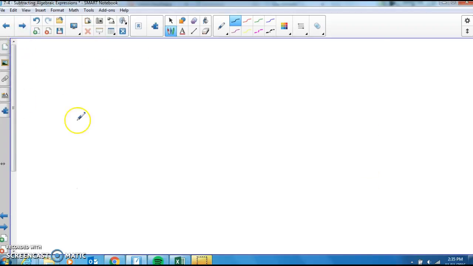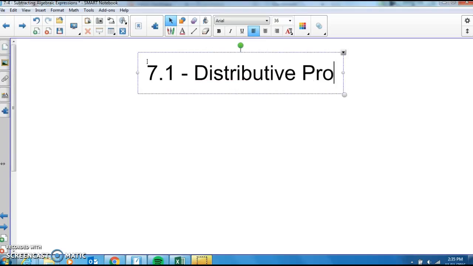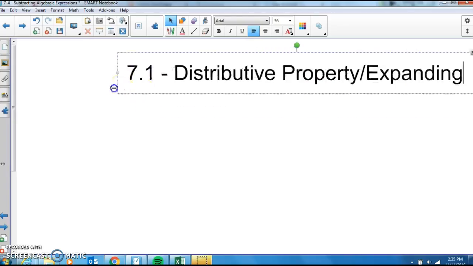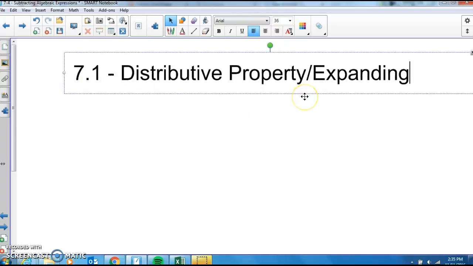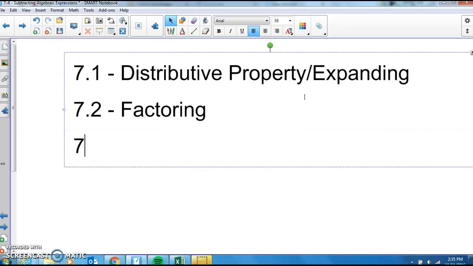So let's kind of reiterate. In lesson 7.1, you work with the distributive property. I can't even say it right. The distributive property, which will often be called expanding. So if you see something that says to expand the problem, you're just using the distributive property. 7.2, that was the factoring. 7.3, that was the adding algebraic expressions.